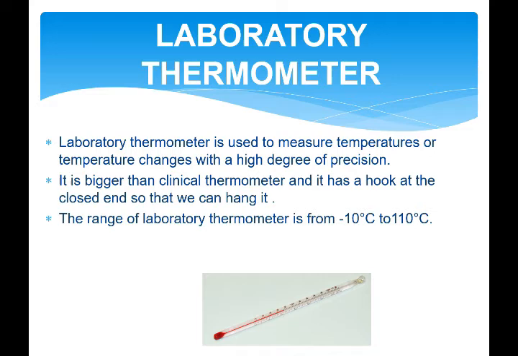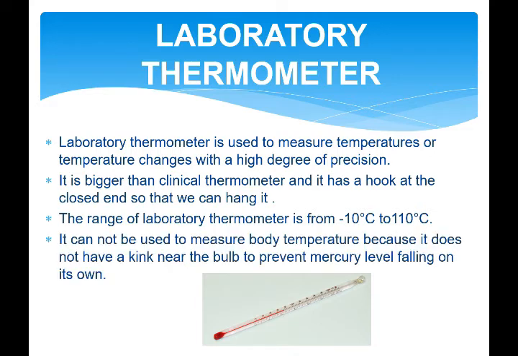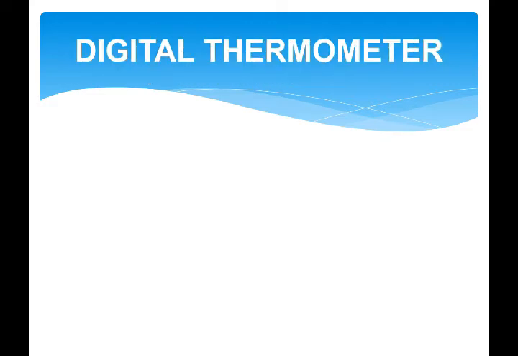The range of a laboratory thermometer is from -10 degrees Celsius to 110 degrees Celsius. It cannot be used to measure body temperature because it does not have a kink, which prevents the mercury level from falling on its own.